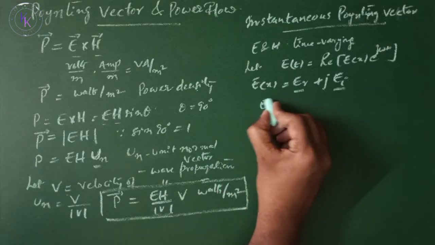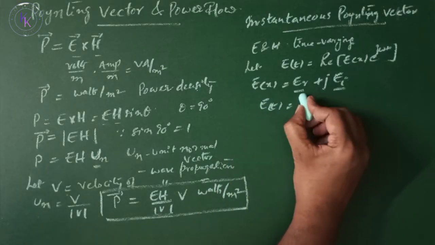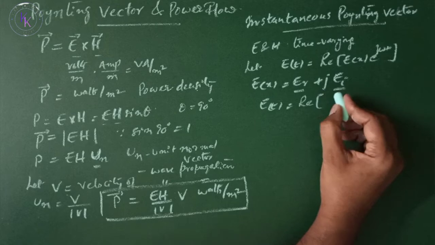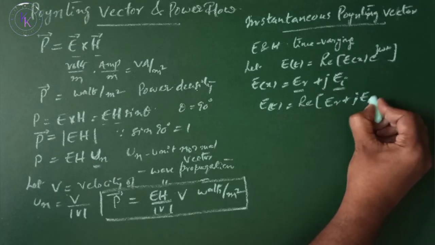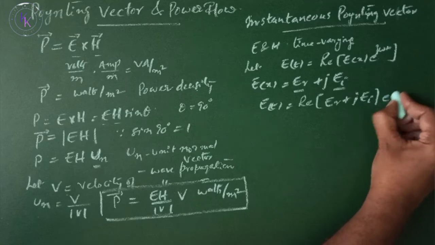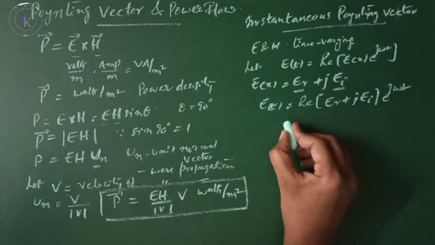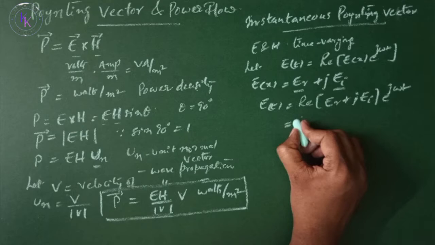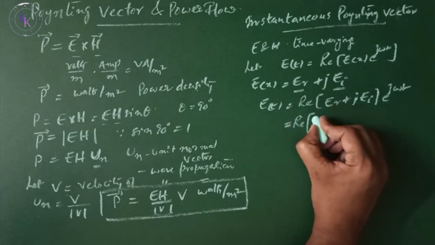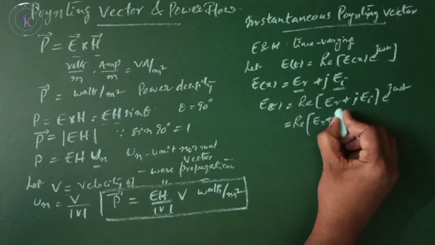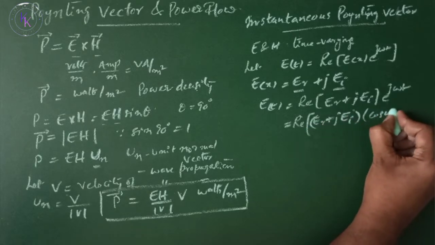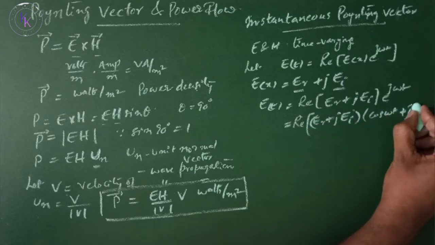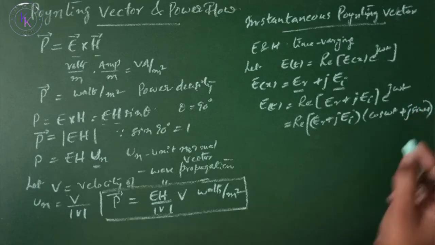Therefore E of t equals the real part of (Er plus j Ei) e to the j omega t, which can be written as the real part of (Er plus j Ei)(cos omega t plus j sin omega t).